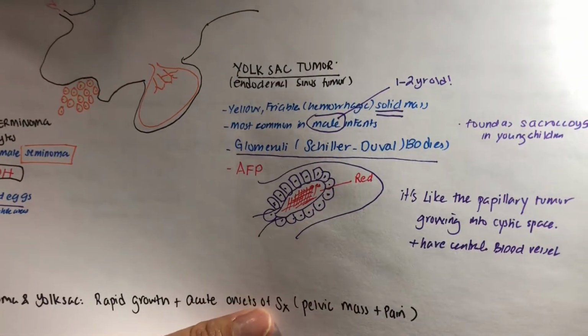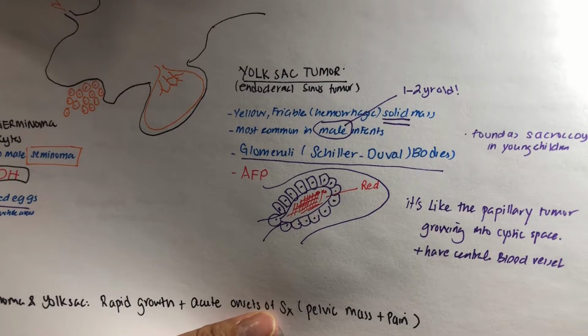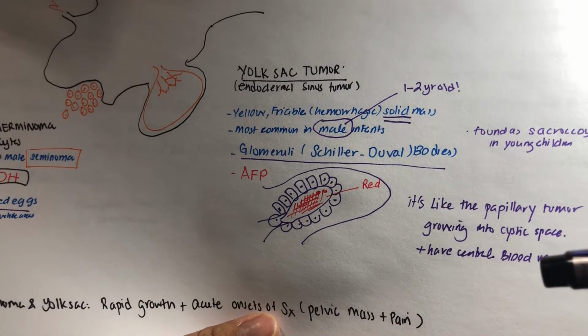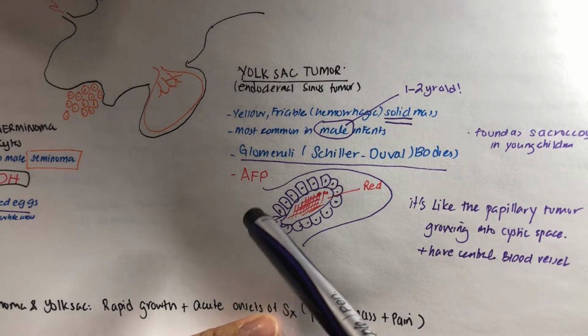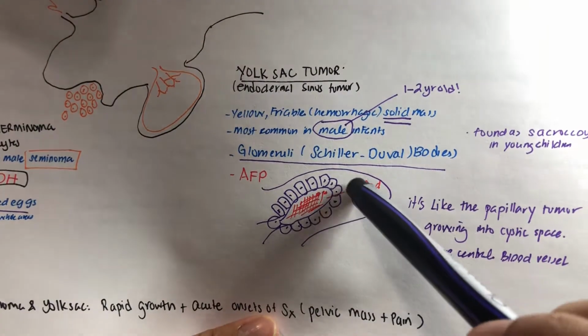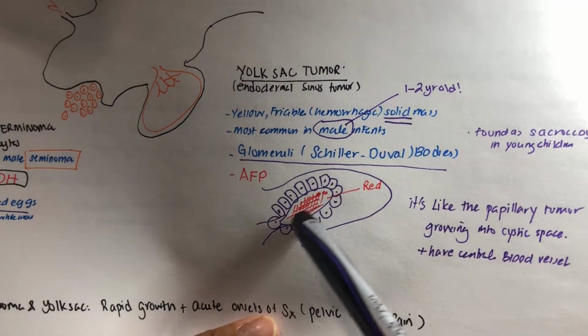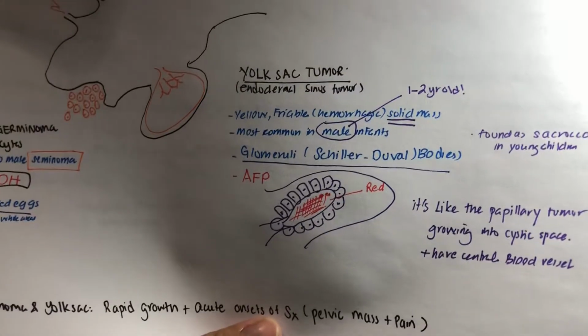So what you see is a Schiller-Duval body. It looks like a glomerular structure, but if you look at the histo slide, it looks like a papillary extension into a white space, and then it has a central blood vessel.